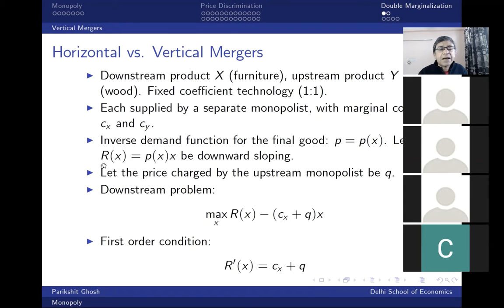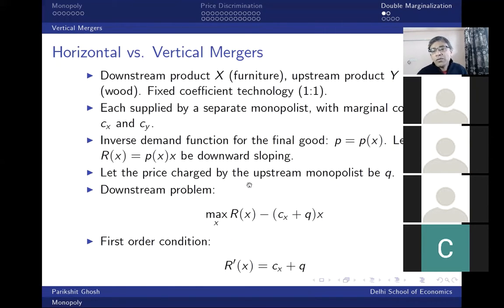And so the revenue function is this. We'll assume that it's downward sloping. Normally, they are downward sloping. So the revenue function is downward sloping. And just as a matter of notation, Q is the price charged by the upstream monopolist, the logging company selling the wood. Q, of course, will be endogenous.